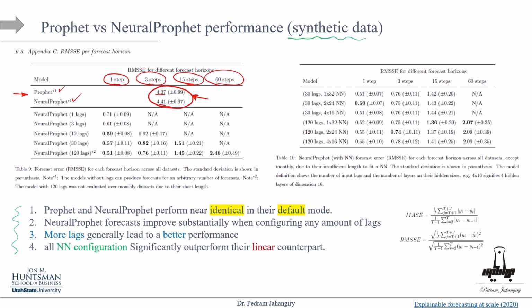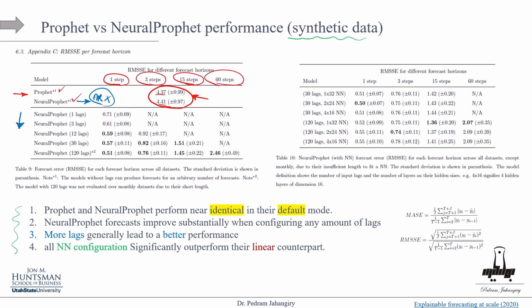And this is not surprising at all, because remember, in the default setup for NeuralProphet, the AutoRegressive component is basically switched off. So you expect Prophet and NeuralProphet to behave very similarly when using the default values. Then we say, you know what, let's turn the lag components, the AutoRegressive component, on and increase the lag numbers and see what the findings are. So we're going to see NeuralProphet for different lag numbers.